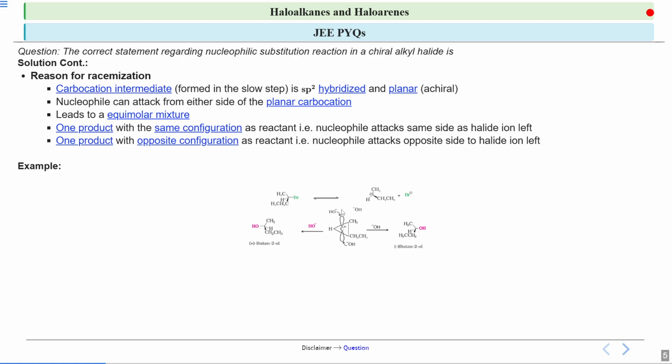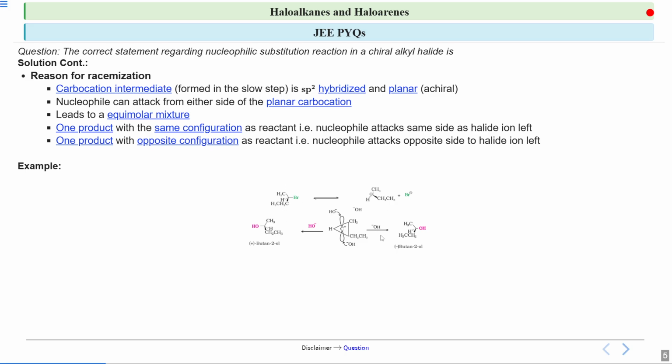So OH minus can attack from here or here, in both sides, because it is a planar molecule, sp2 hybridized, and the nucleophile can attack at the same side as the halide ion left or from the opposite side to the halide ion left. If it is attacking from the opposite side to the halide ion left, you will get this structure of butan-2-ol, where you can see the configuration is opposite to that of the reactant, alkyl halide, right?